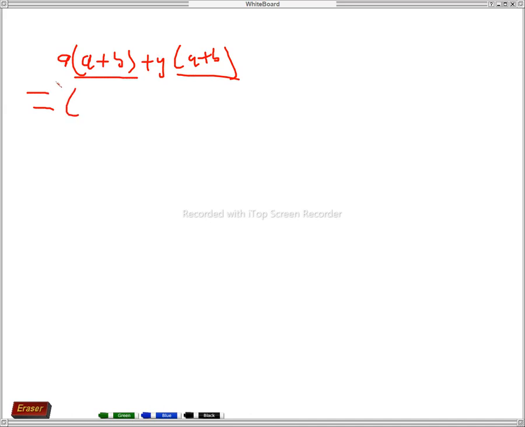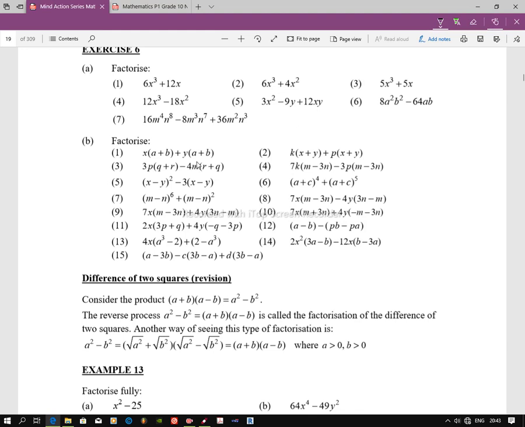So I'm just going to say a plus b, since these are the common factors, and I take a plus y, this one and this one, a plus y, like that. Therefore you are done. Easy as that. That was the simplest one, you understand? So let's proceed to the next one, the most difficult one.